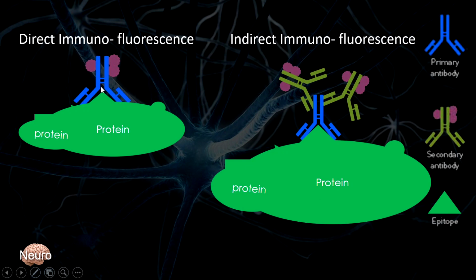And this one antibody binding to the epitope is called direct immunofluorescence. And there is indirect immunofluorescence, which includes another antibody that will bind to the first antibody. So this antibody we will call the primary antibody, and this one is called the secondary antibody.